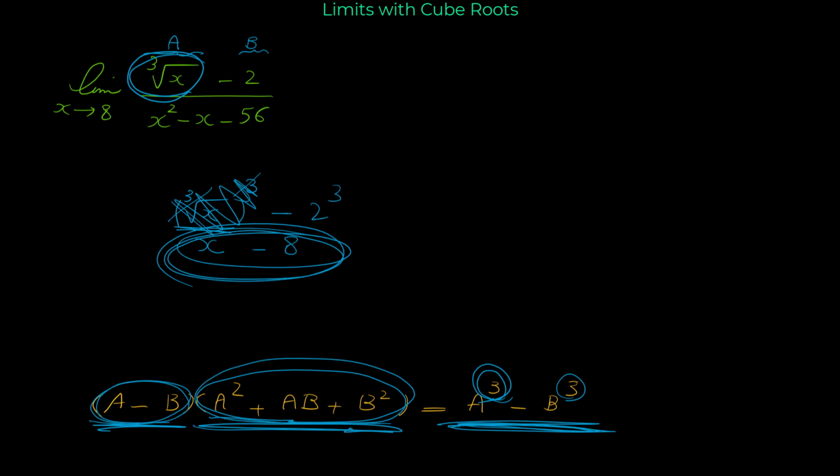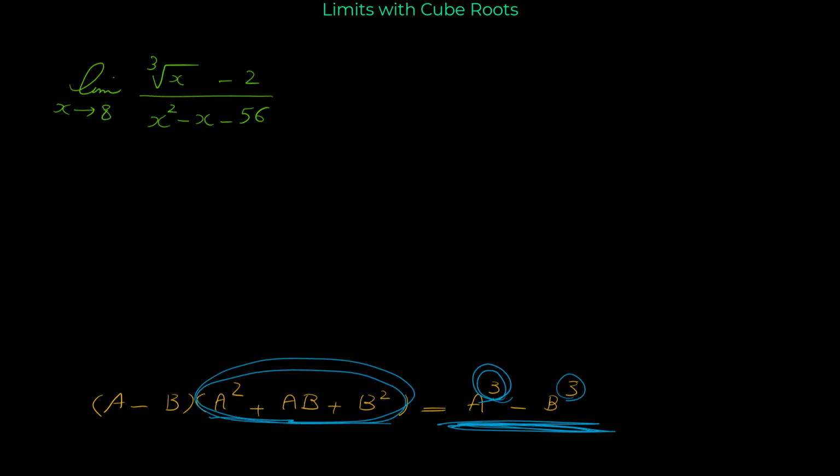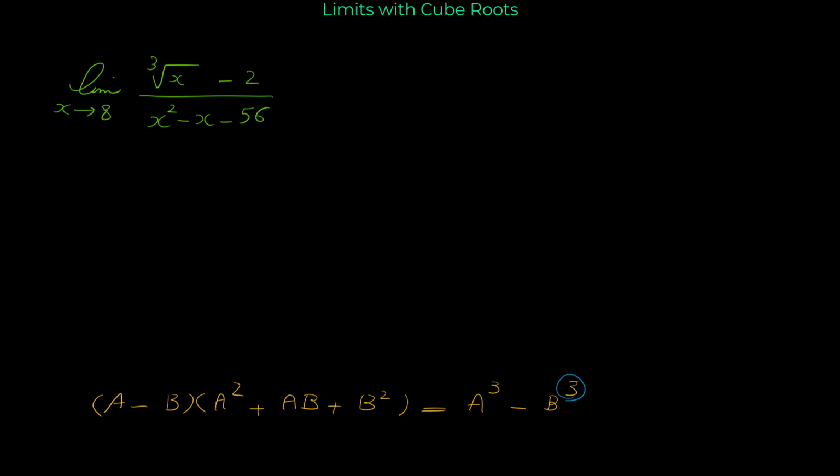Now here we have an expression without cube root. So for finding this limit, we are going to multiply the numerator and denominator by this bracket here, a to the 2 plus ab plus b to the 2. The reason we do this is that we want to get rid of the cube root.